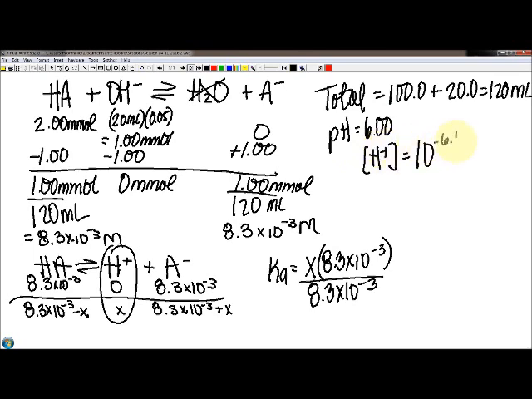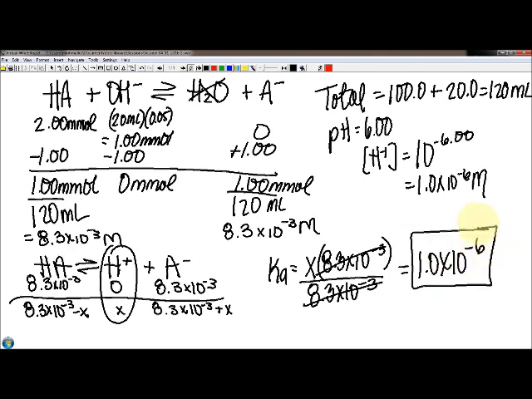So 10 to the negative 6 means that the H plus is equal to 1.0 times 10 to the negative 6 molar. We can plug that in for X. And guess what? The 8.3 times 10 to the negative 3 cancels out. So our Ka is equal to the H plus concentration, which is 1.0 times 10 to the negative 6. This is because the sodium hydroxide was actually added at the halfway point, so we are able to use this bit of information.